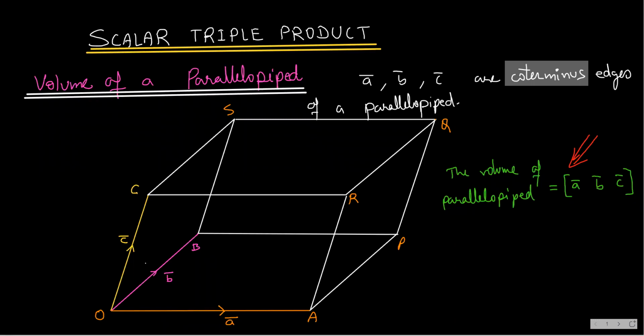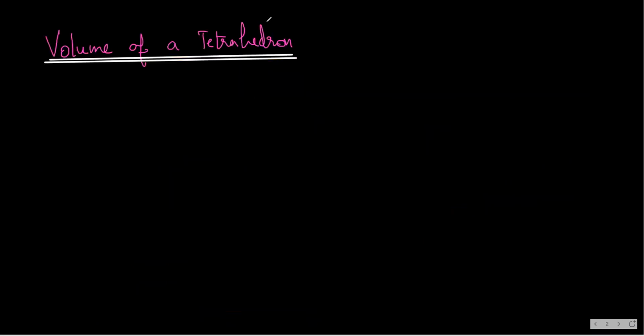Now we are going for the volume of a tetrahedron. What is a tetrahedron? As the name suggests, there are going to be 4 surfaces. Once again, we have 3 vectors.